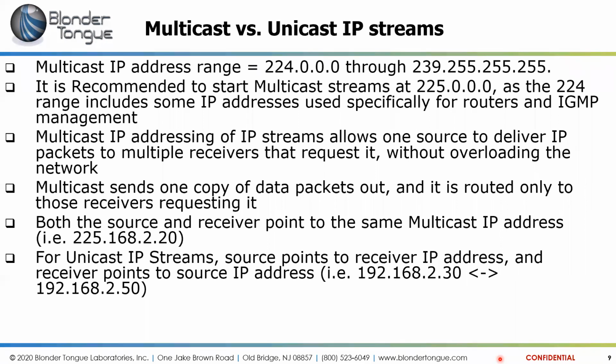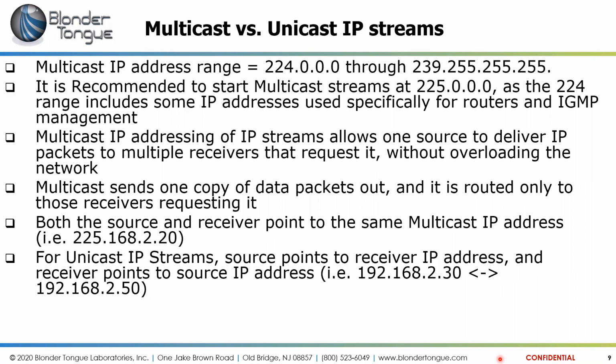And for my receivers, whether it be VLC or an IP set-top box or another transcoding type device that receives IP, I set that receive IP address as 225.168.2.20, same IP address, okay, and the same port number.